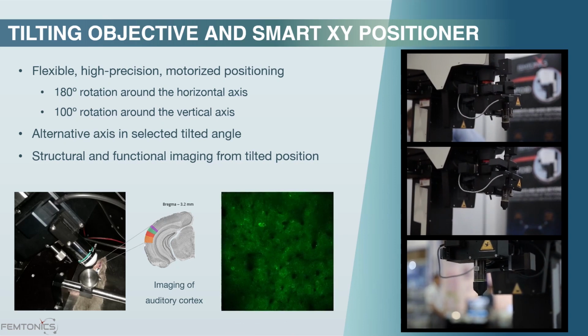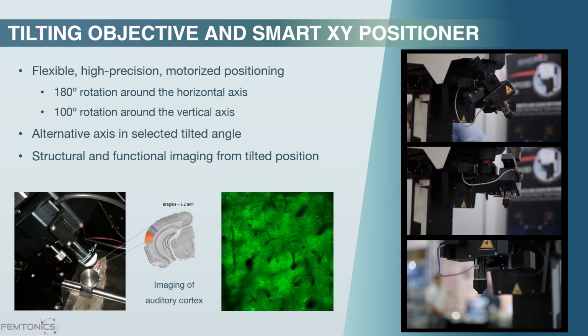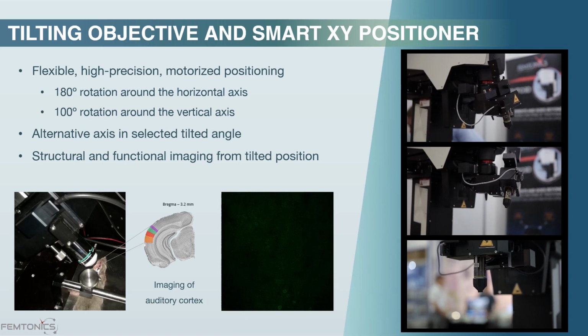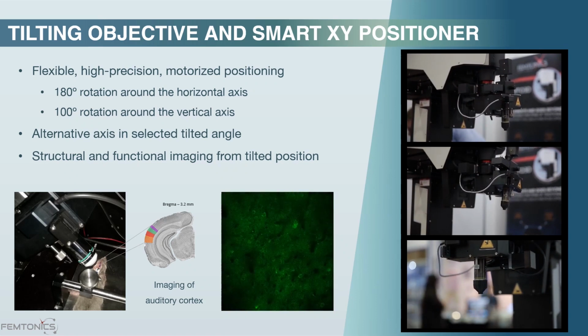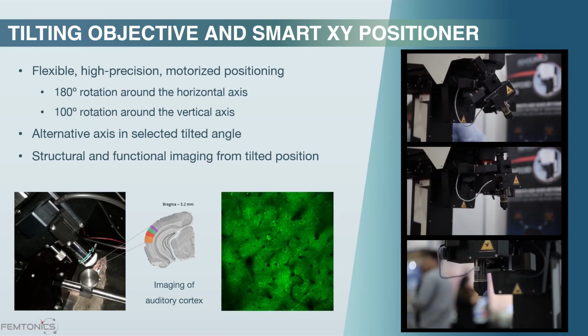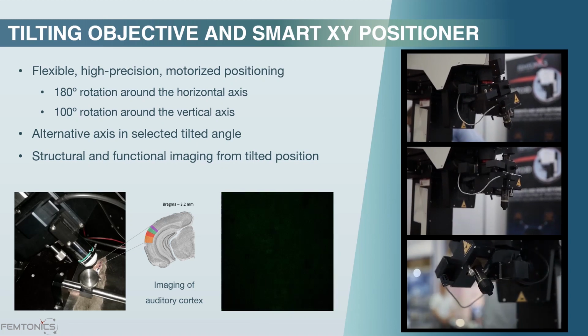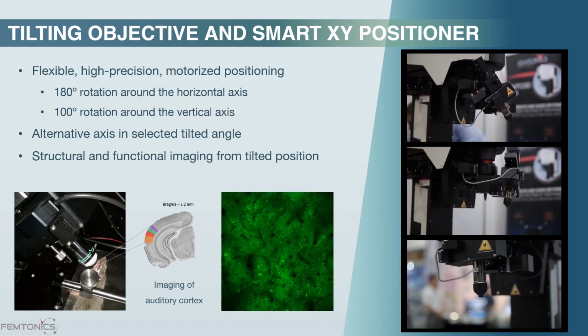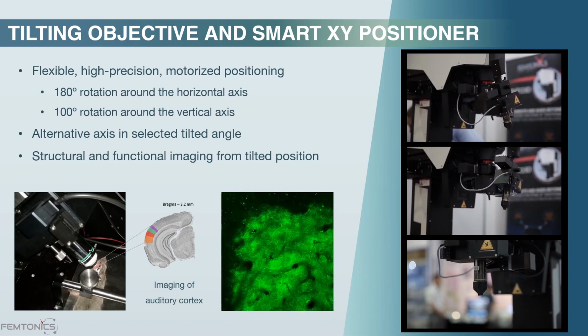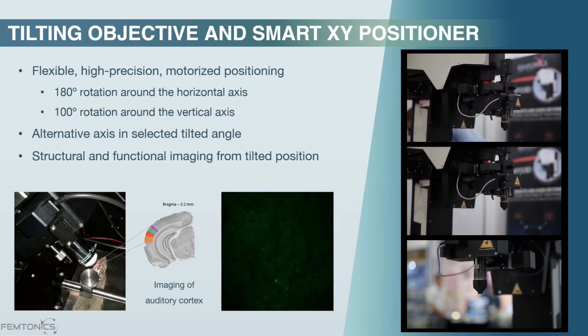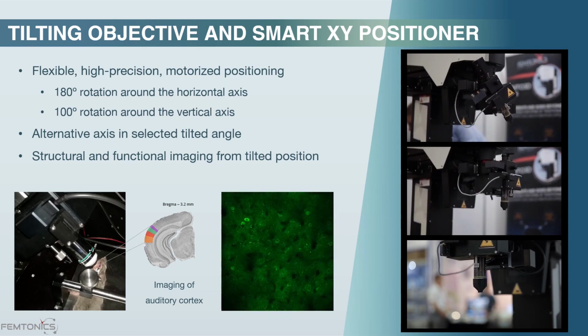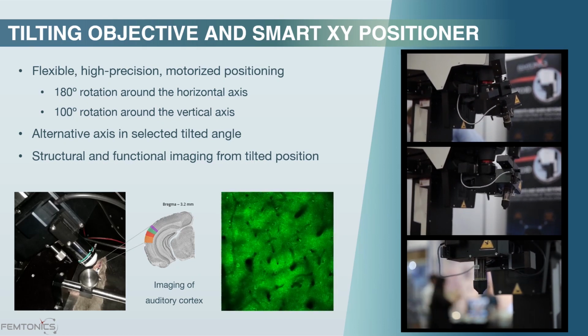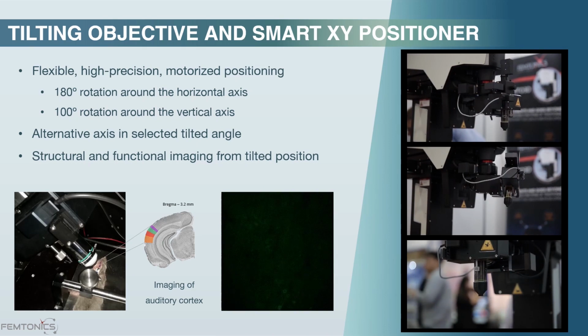The module also includes green illumination, which we've discussed just now, and a piezo objective positioner, which enables additional movement in the Z direction. The system is capable of high precision movements to fine adjust position and of high precision alignment, eliminating the need for touching the assembly, and you can store and reuse optimal angles and positions when experimenting multiple times with the same animal.